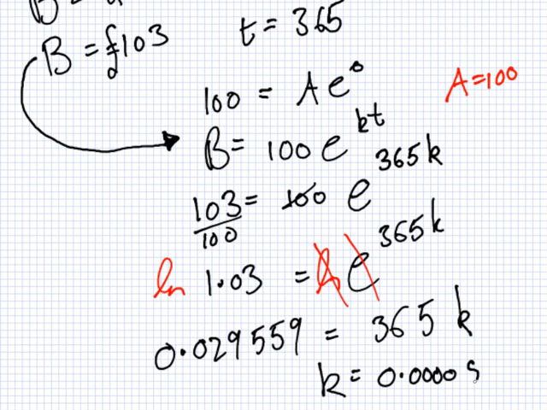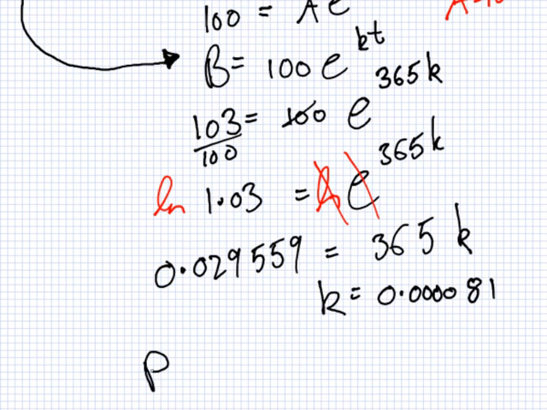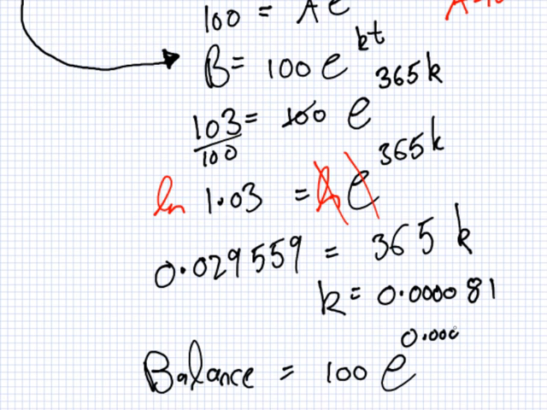So I'll go with 0.000081 just. So I have my answer. Your balance will equal 100 e power 0.000081 T.